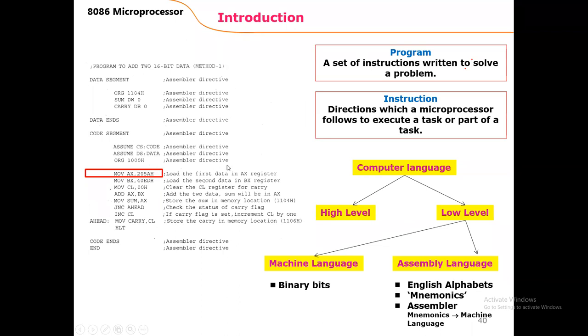Assembly language uses English alphabets and mnemonics, short forms of English words. Now the program needs to be in machine language, so we use the assembler to convert mnemonics to machine language. Clear?